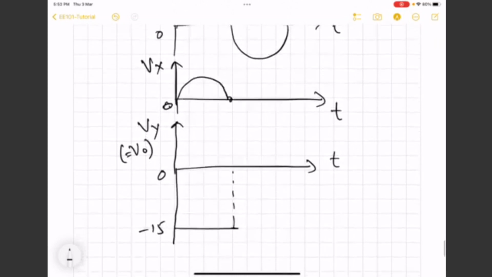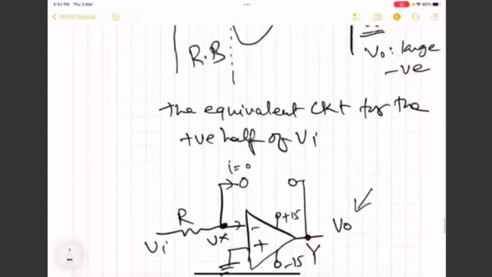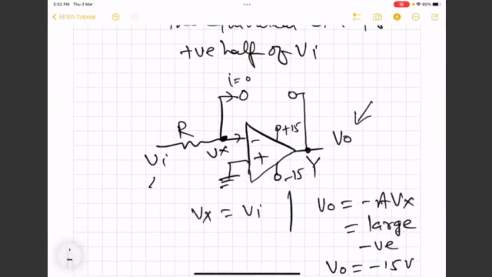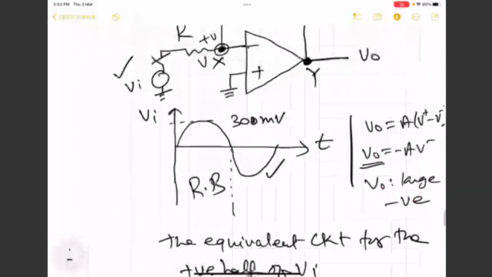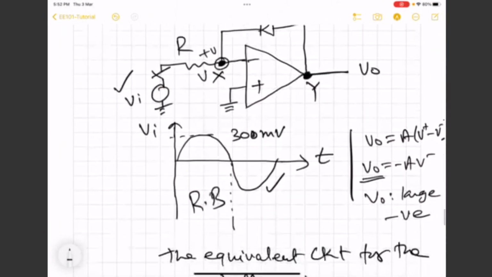Okay, so now let us see what happens during the negative half of the input here. So when Vi is less than 0, this implies that Vx, again, you start the analysis from here, that Vi is negative. So this switch is closed at this moment.